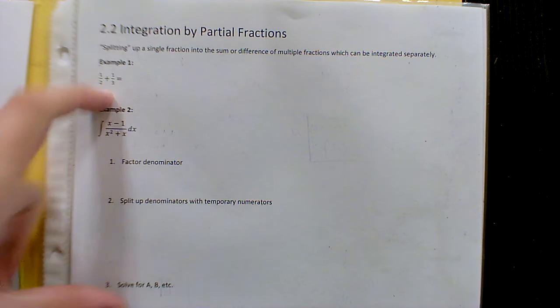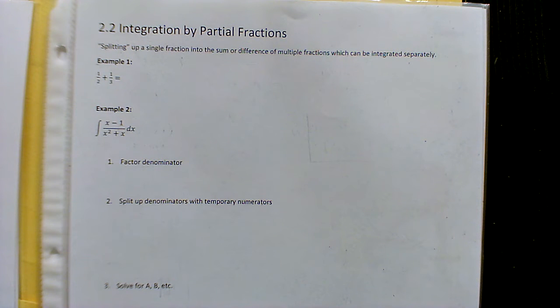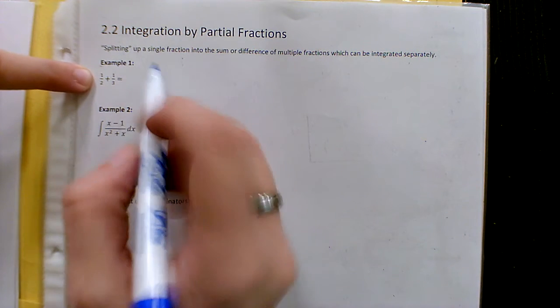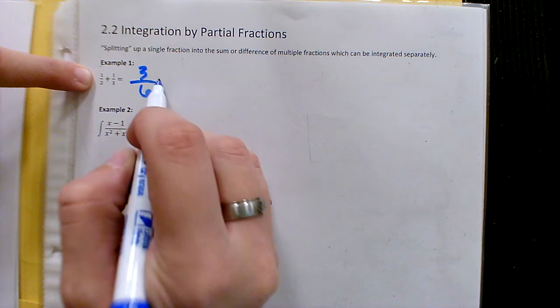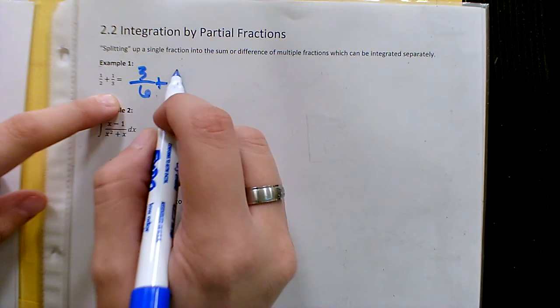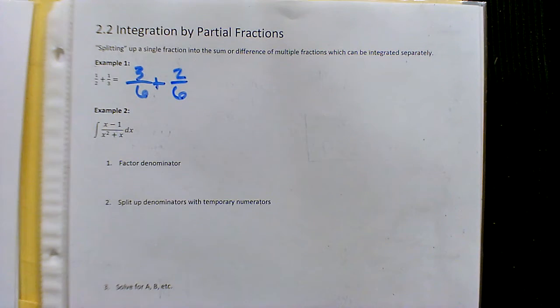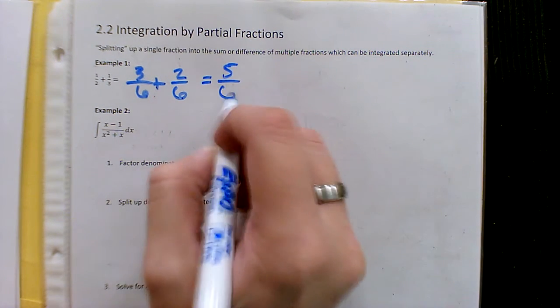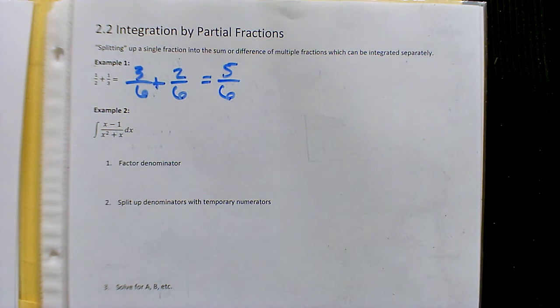Just as an example with fraction work, if you were to add two fractions together, hopefully we realize we need a common denominator. So if we multiply the first fraction by 3, we'd have 3 over 6. And if we multiply the second fraction by 2 on top and bottom, we'd have 2 over 6. So adding the fractions together, we would have 5/6.